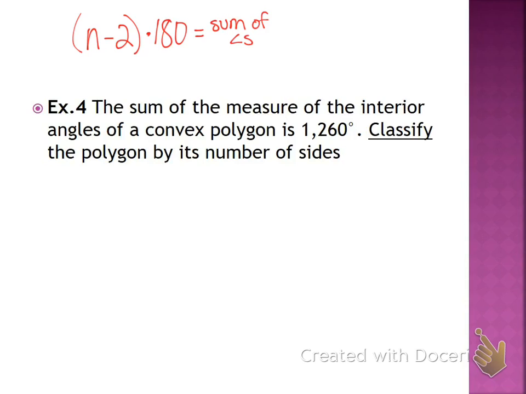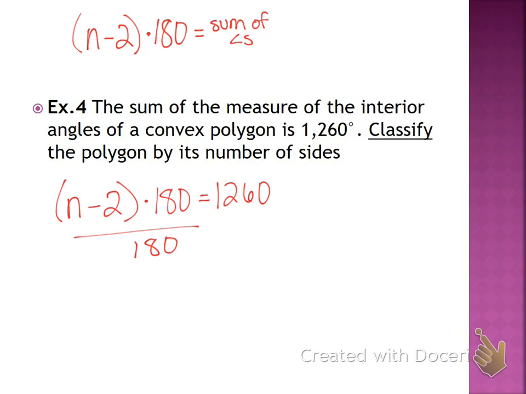So this one will be set up just a little bit different. We're trying to find n. I don't know what it is yet. But we know that this needs to come out to equal 1,260. If you have questions about the logic getting me to that point. Okay, now much like the warm-up, you have two different ways you could solve this. I would probably recommend dividing both sides by 180 first.